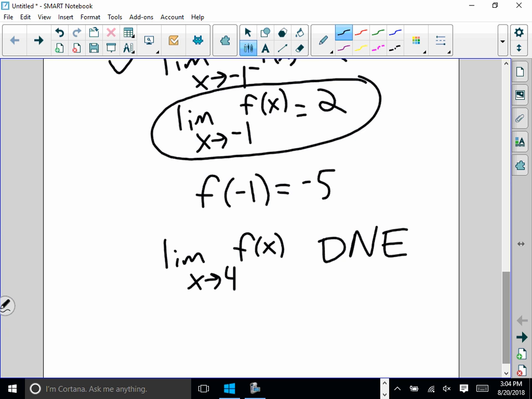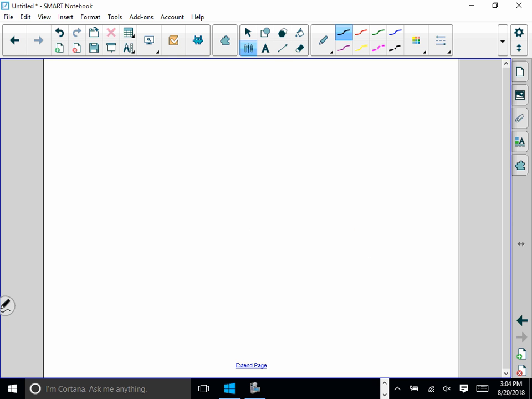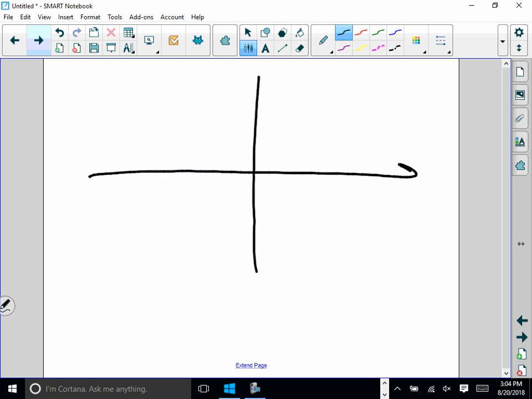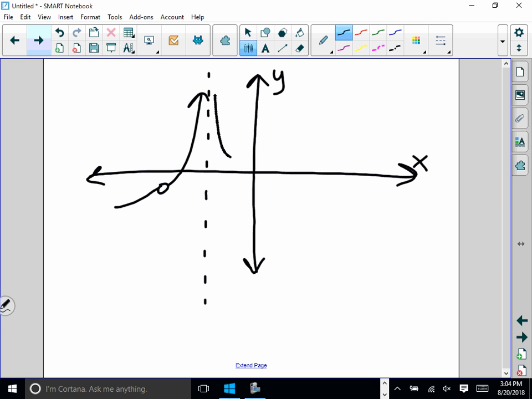Let's try one more. I'm going to draw a new graph. Okay, so here's our graph f of x.